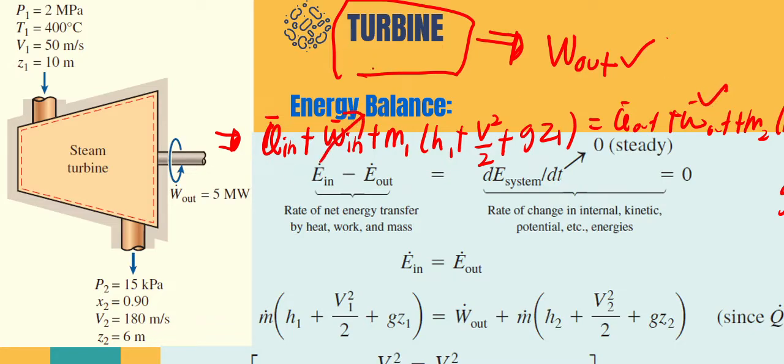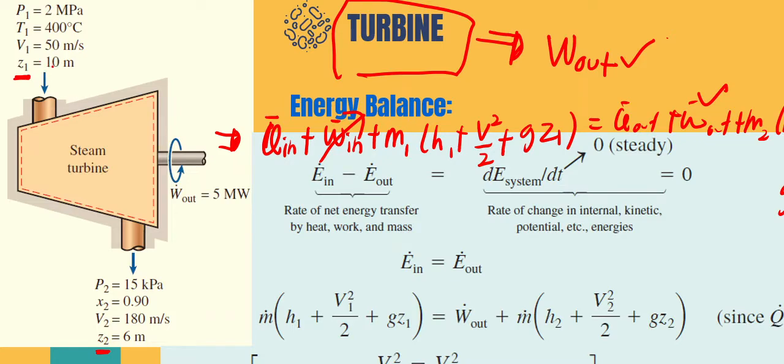Okay, and then usually potential and kinetic energy are neglected, but here you have the potential energy because it is given in the equation. This is in the example. But later we are going to see the change in potential energy is very small, so that's why usually we neglect it. You have Z, the elevation.